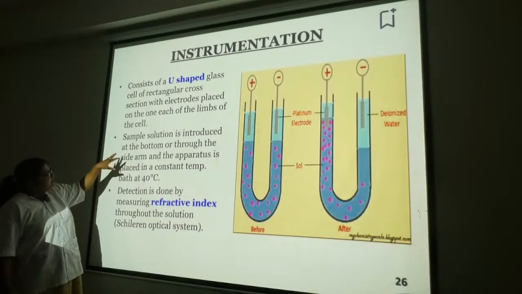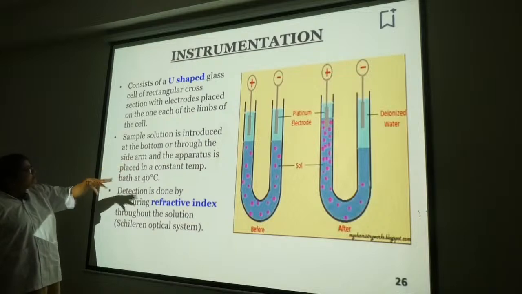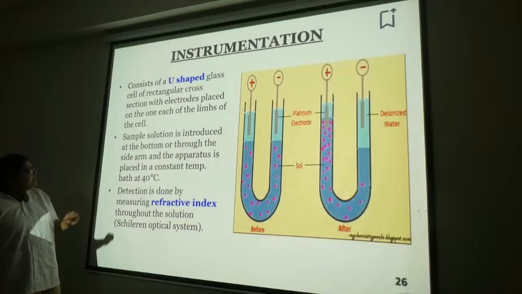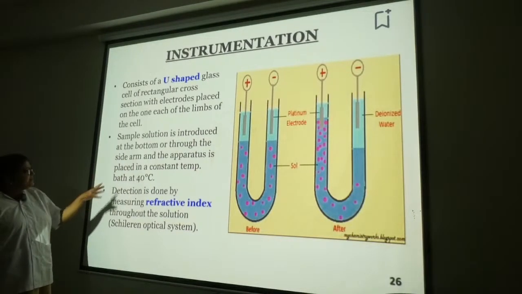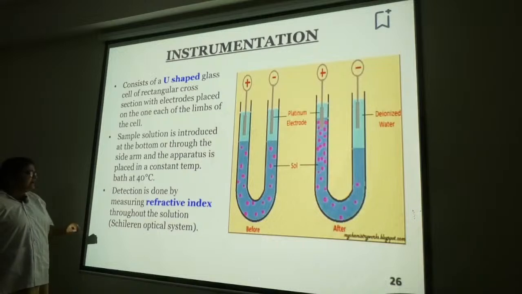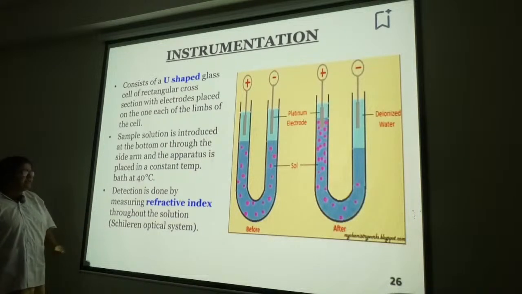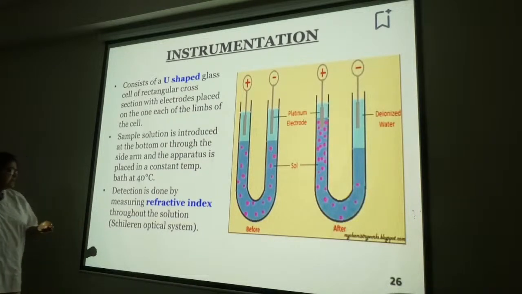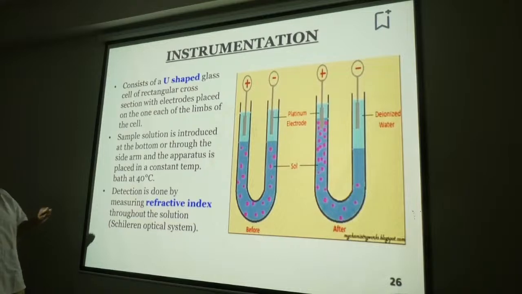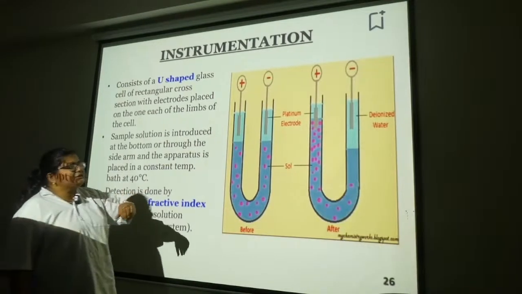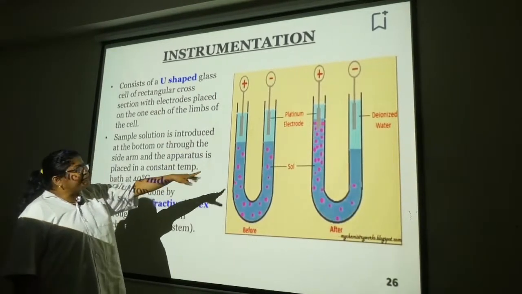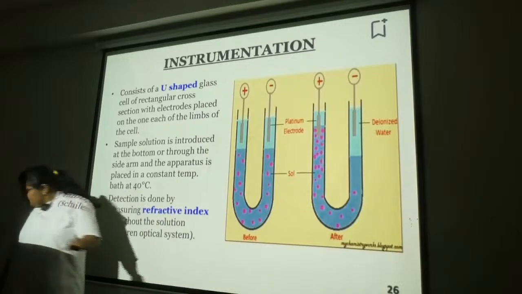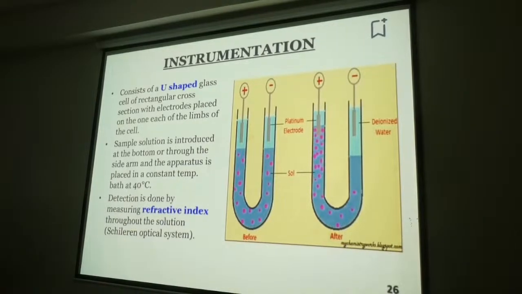Sample solution is introduced at the bottom or through the side arm, and the apparatus is placed in a constant temperature bath at 40 degrees centigrade. Detection is done by measuring the refractive index throughout the solution. That means here detection is done by the refractive index throughout the solution.